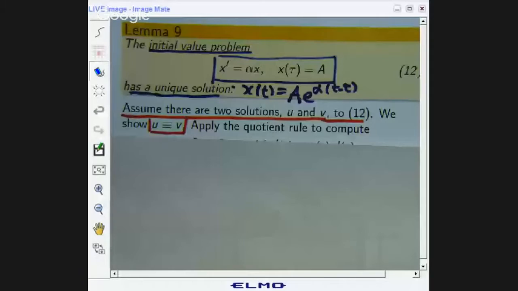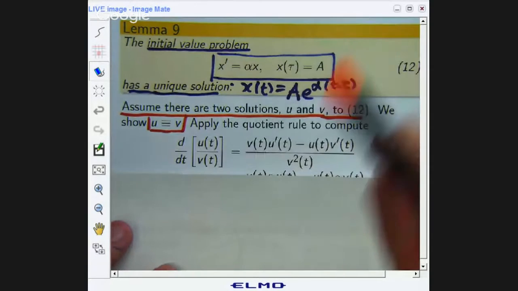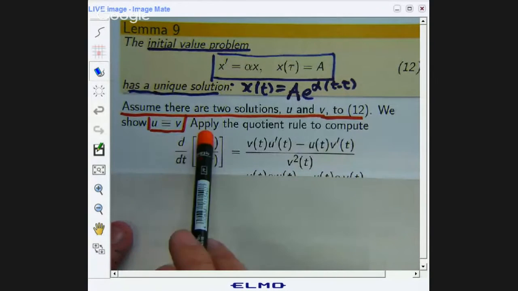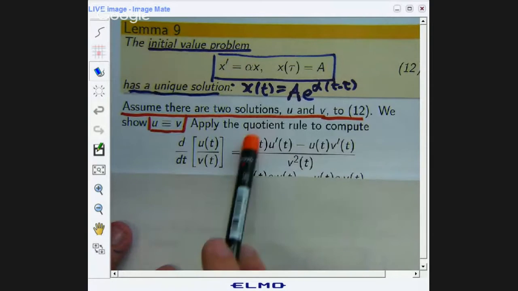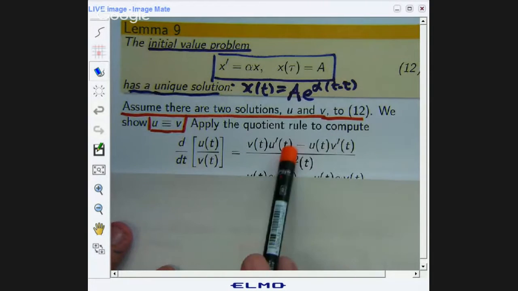So how do we do it? Well, it's very easy. We just look at the quotient of u over v and show that it's identically equal to 1. So u and v are identical. We use the quotient rule for that. So apply the quotient rule to look at the derivative of this quotient. You apply your quotient rule from a first course in calculus.